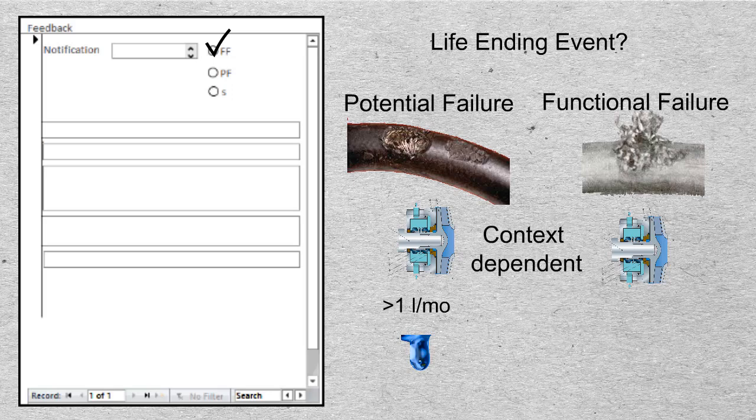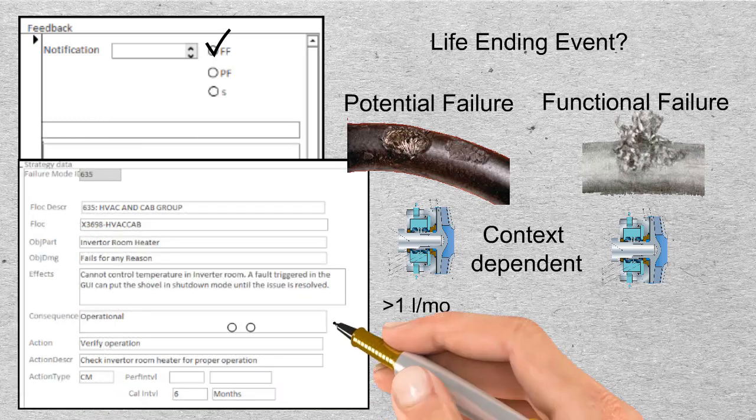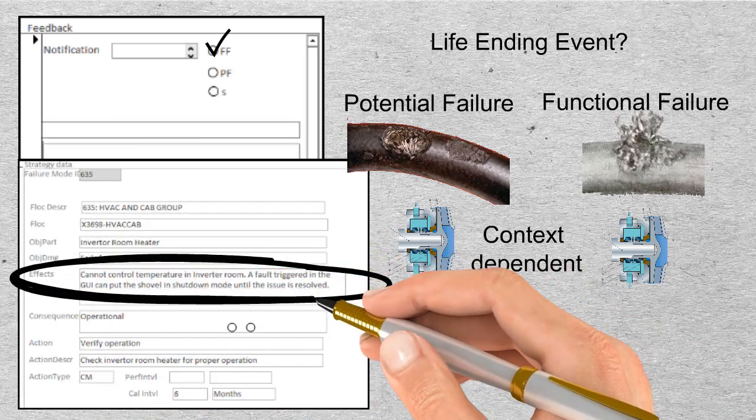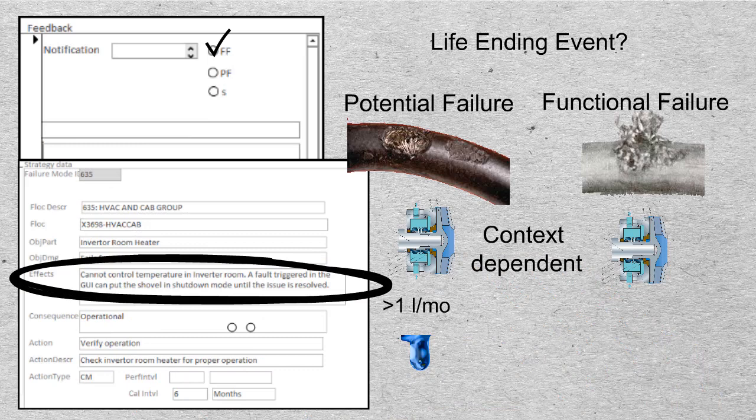The form allows us to update the equipment's effects analysis to reflect all reasonably likely circumstances that could arise as a result of this failure mode. If the object part still has an indefinite amount of life remaining in it, but is nevertheless replaced preventively, its life-ending event should be reported as a suspension.